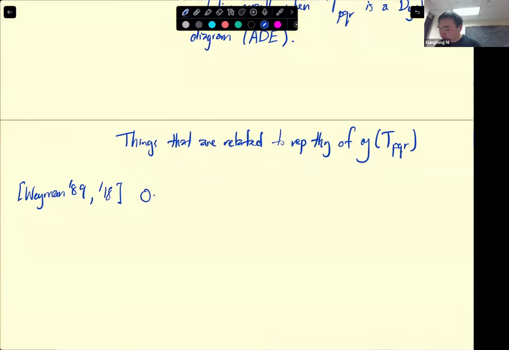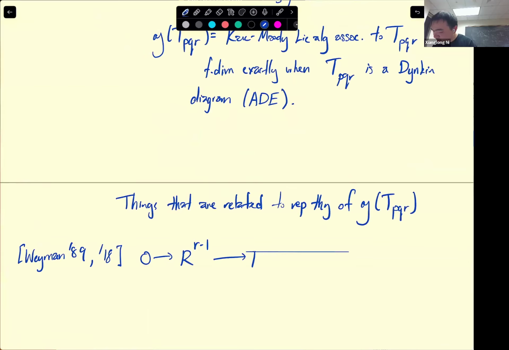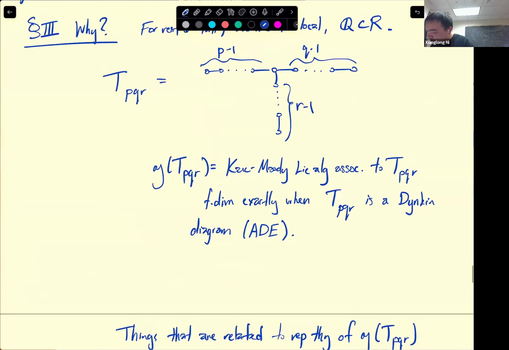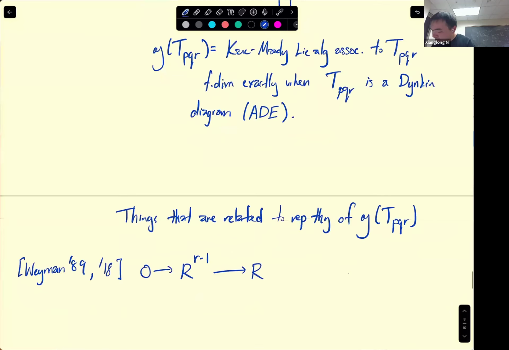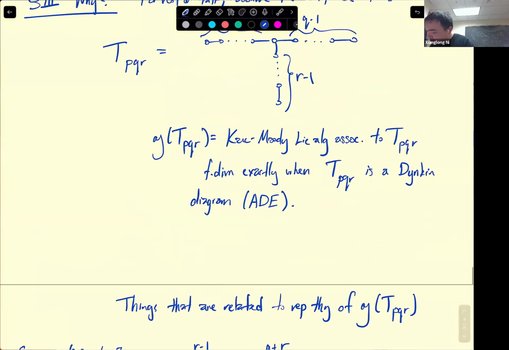following format. So let me see if I get this right. I might have to just take a moment. So this is R to the r minus 1. Then R to the q plus r. Maybe this should just be q plus r.